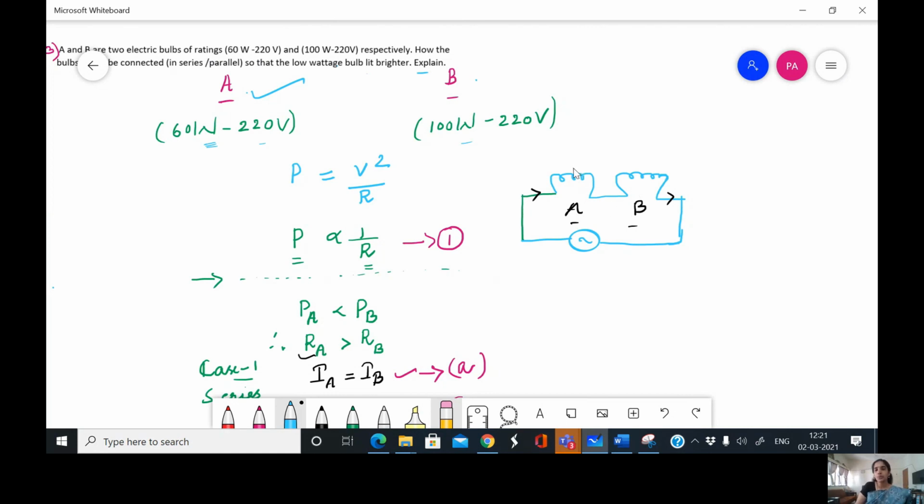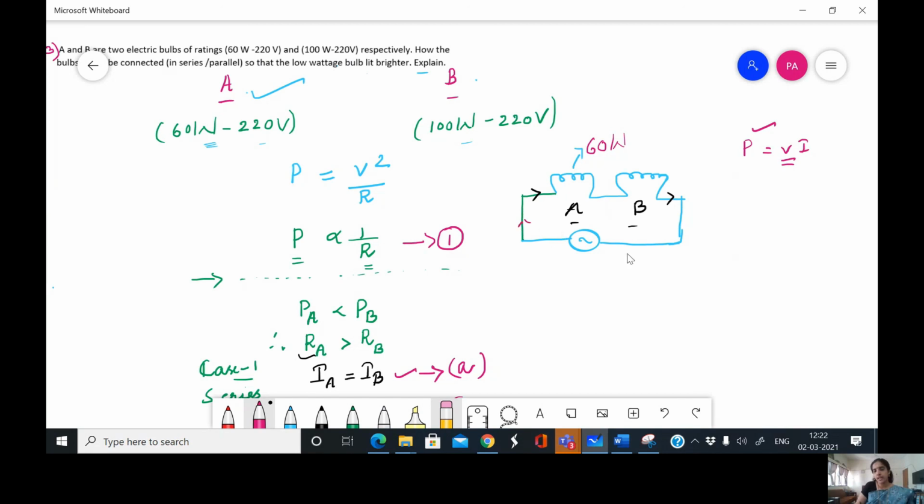Directly, suppose you want to find the voltage across this bulb. By mistake we take the power of this bulb A as 60 watt, and then write P equals V into I. Suppose we know the current in the circuit.